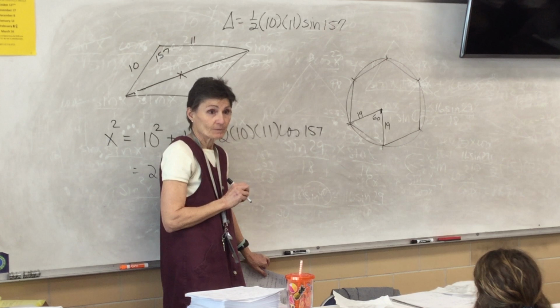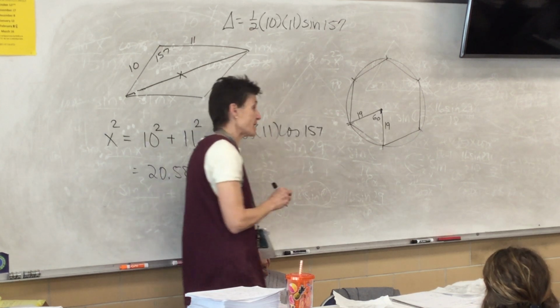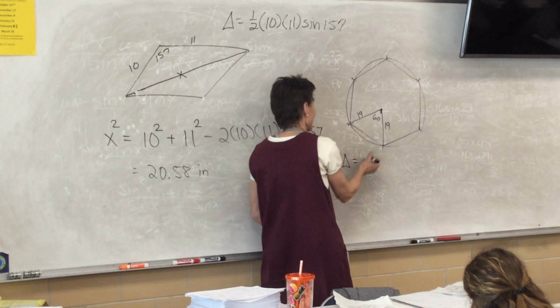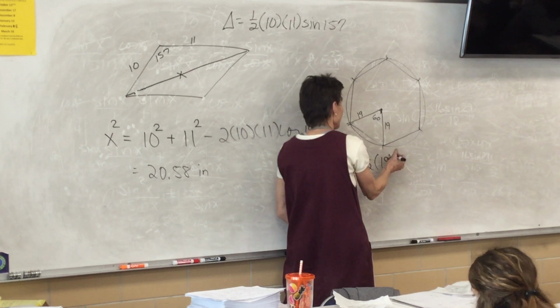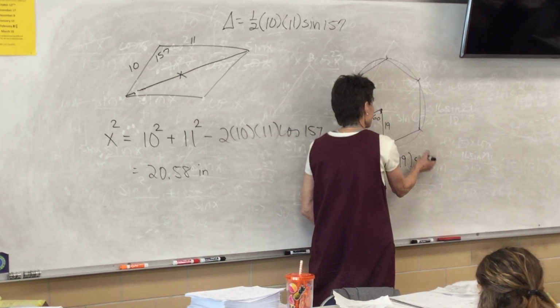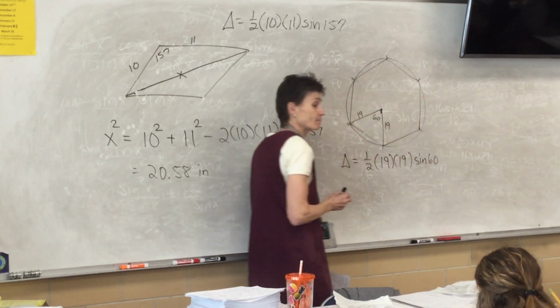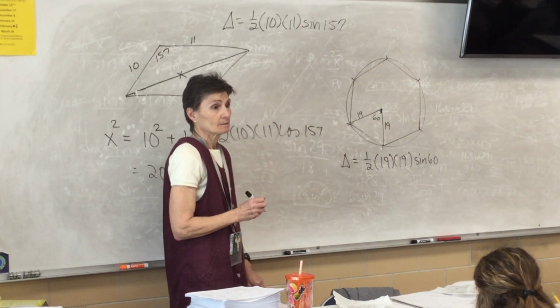Kylie, you with me? So the area of the triangle will be 1/2 times 19 times 19 times sine 60. Right?